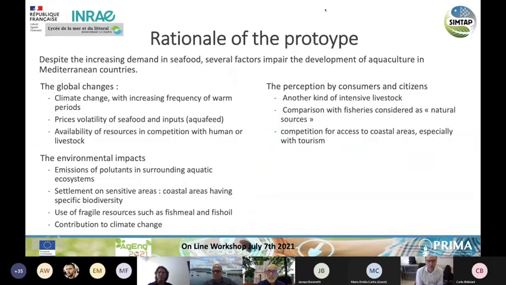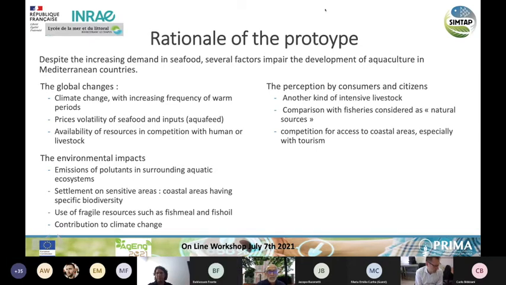The rationale of the prototype I will present you today is based on the different risks. Despite the increasing demand in seafood, there are several factors which impair the development of aquaculture in Mediterranean countries. Specifically, the global changes, such as climate change with an increasing frequency of warm periods, the price volatility of seafood and the inputs, especially for aquafeed, the availability of resources in competition with human or livestock.